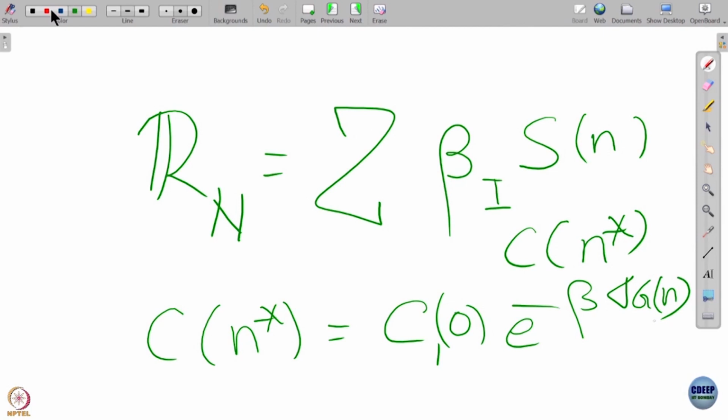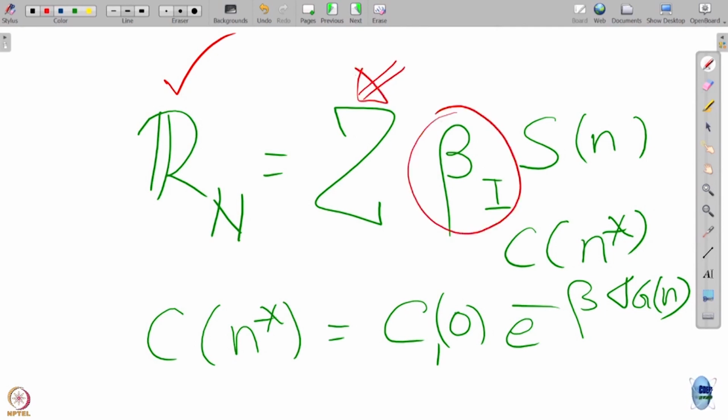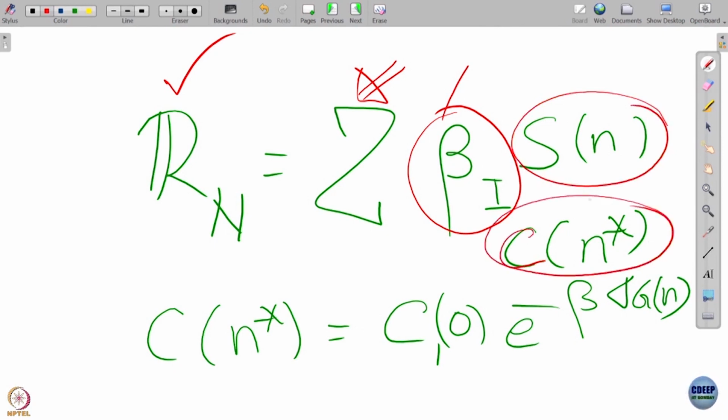I now have the rate of nucleation, which is given by the Zeldovich factor Z, the rate of impingement beta I, that comes from kinetic theory, the surface area and the critical concentration, that has to be there. We know that, and it is just reproduced beautifully, and Cn star is given by the Boltzmann concentration of monomer, because I start here and go there, this is the monomer and this is the n star.